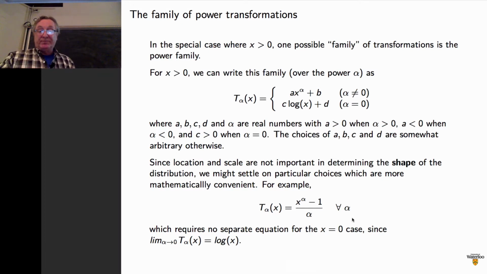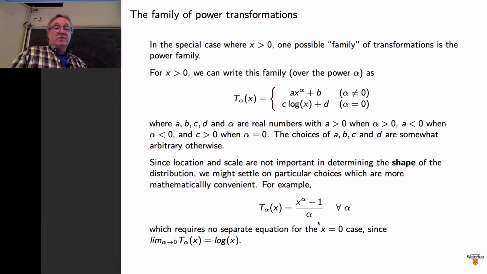And why is that? Well, alpha can be any number now. If alpha is positive, things are going to work out in that I'll have a positive scale. If alpha is negative, I'll get a negative scale because I'll just use minus alpha. Sorry, alpha here will be negative, so that'll be minus something times x, so that'll preserve the order.